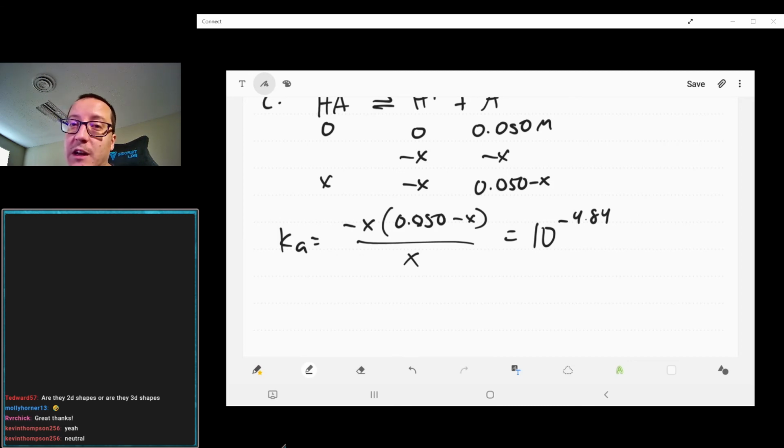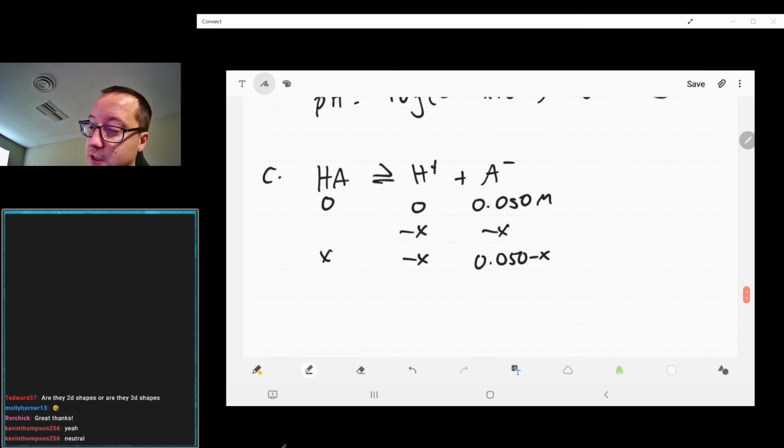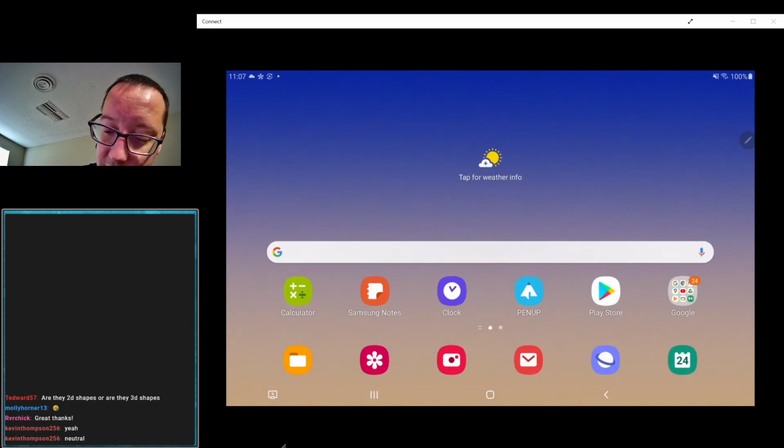We'd have to bring in water's original concentration. This is going to make it more complicated. So forget it. Let's use Kb. It'll be easier in our calculations because we're not going to end up with a negative value for x. So let's just do the A minus instead here. Oh my gosh.